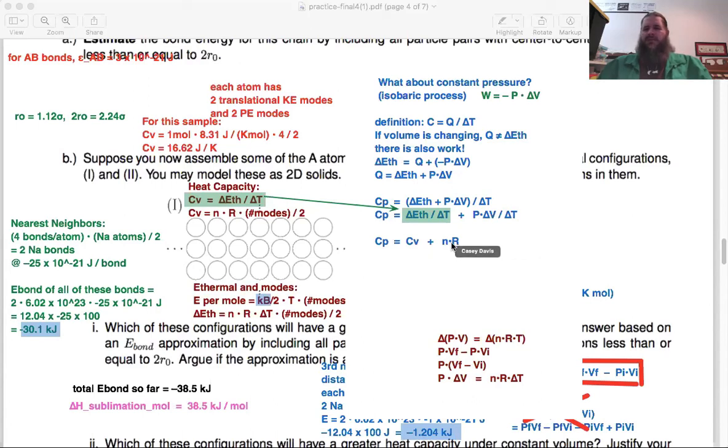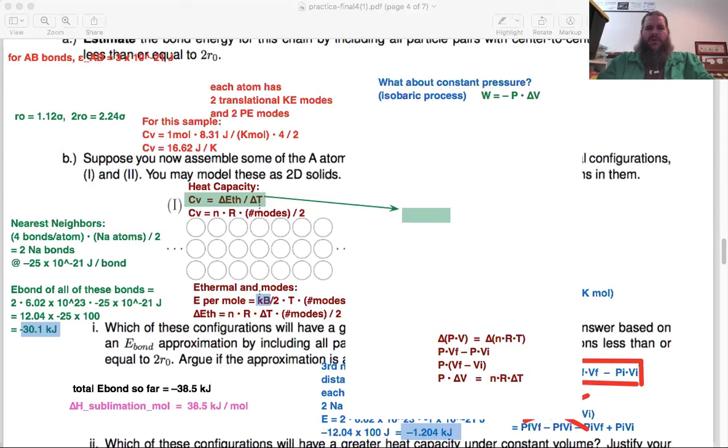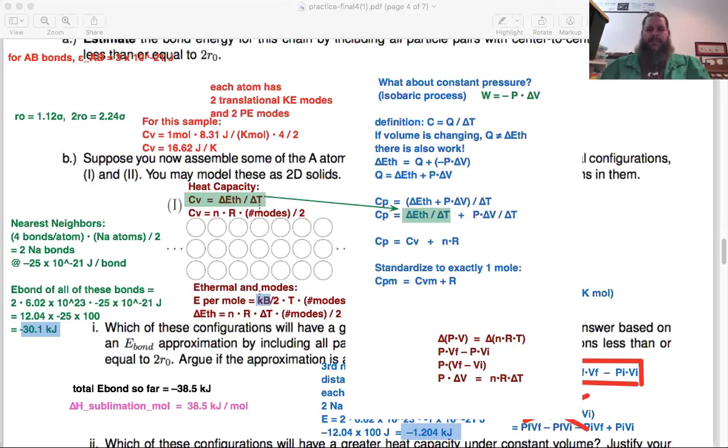And also, what would be a very useful standardized number of moles to use? If you could choose any number of moles to use, what would be the easiest number of moles? Yeah, let's say exactly 1 mole. If we standardize this to exactly 1 mole, we get the molar constant pressure heat capacity equals the molar constant volume heat capacity plus 1R.